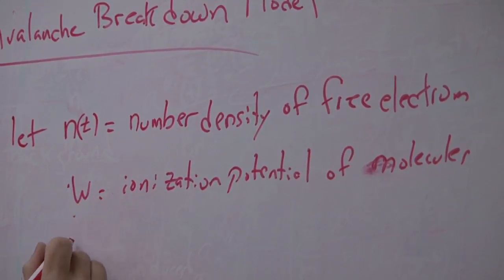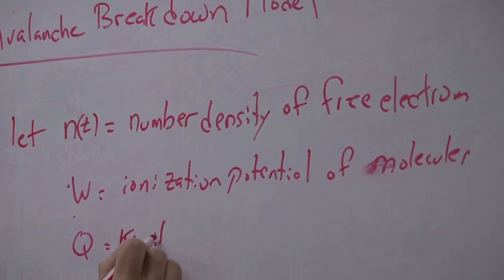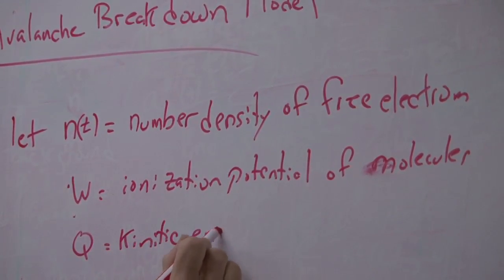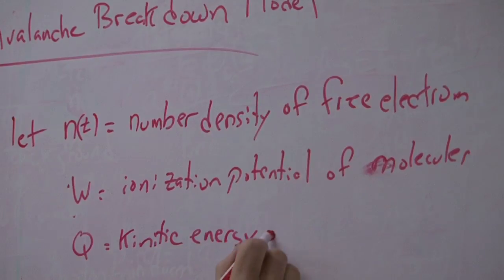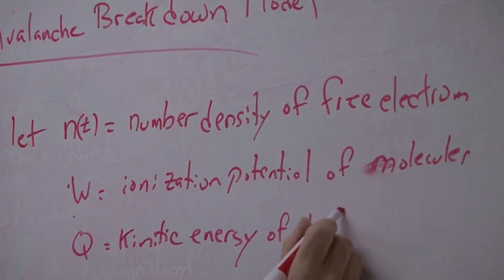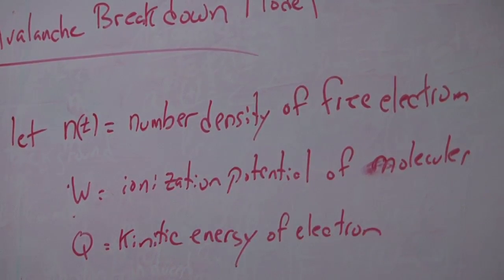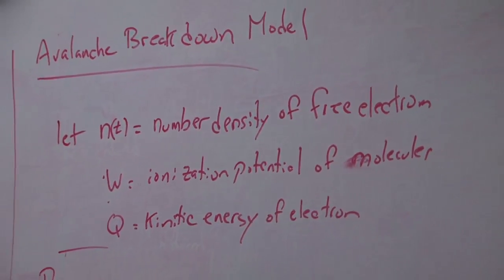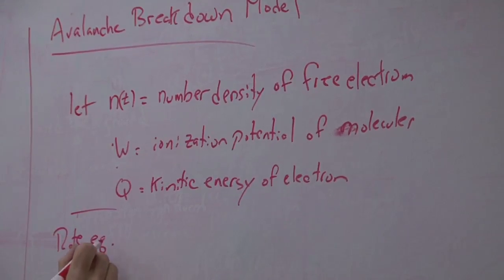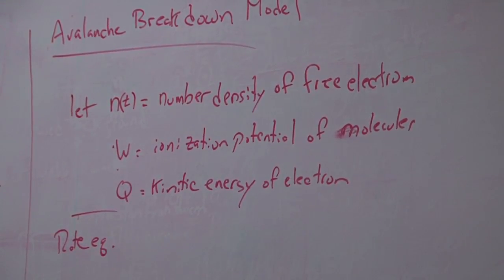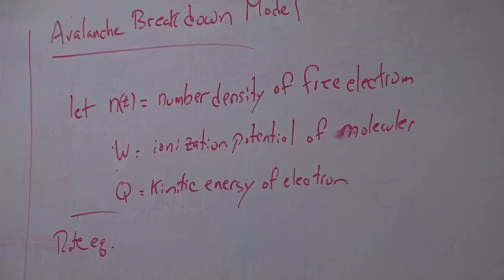And let's let Q be the kinetic energy of the electron. Let's develop a rate equation model to see how these quantities behave.